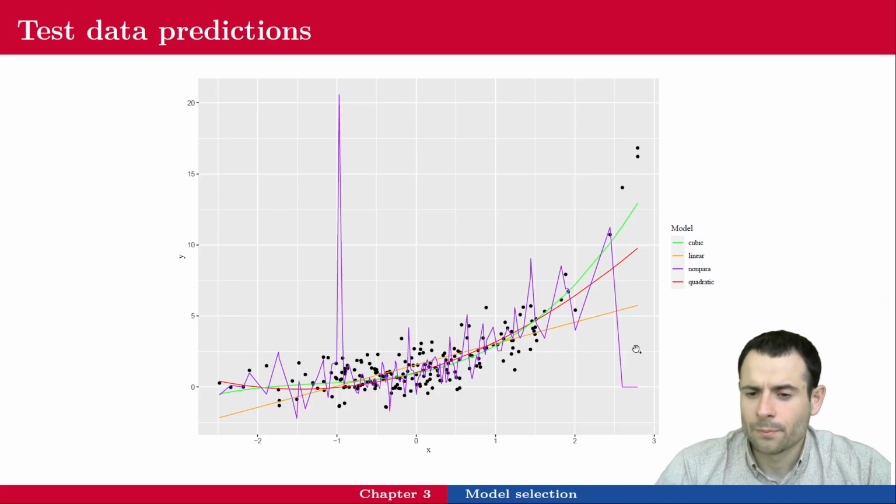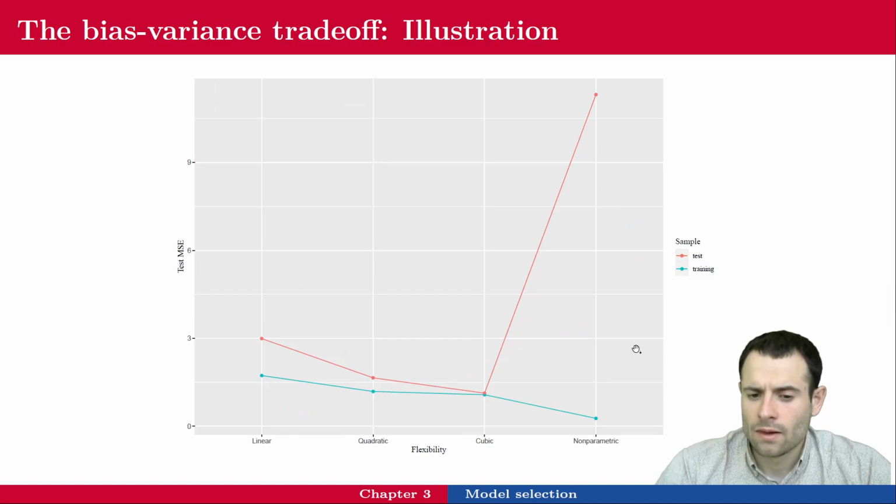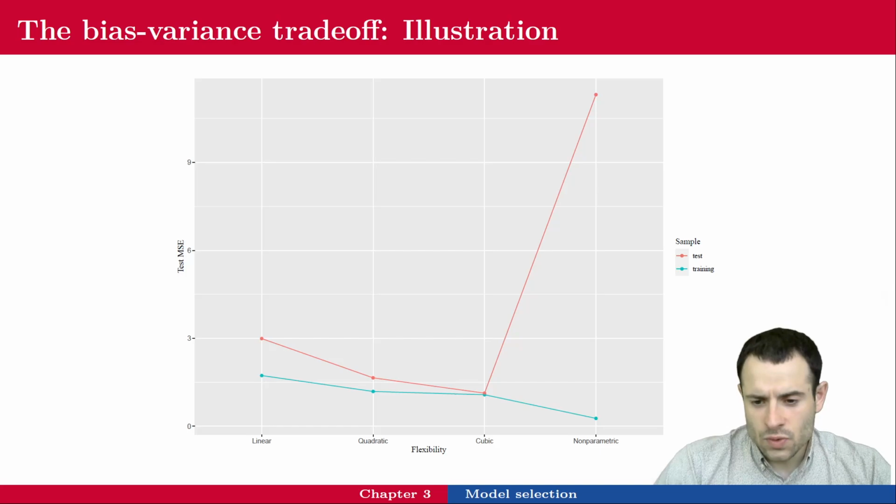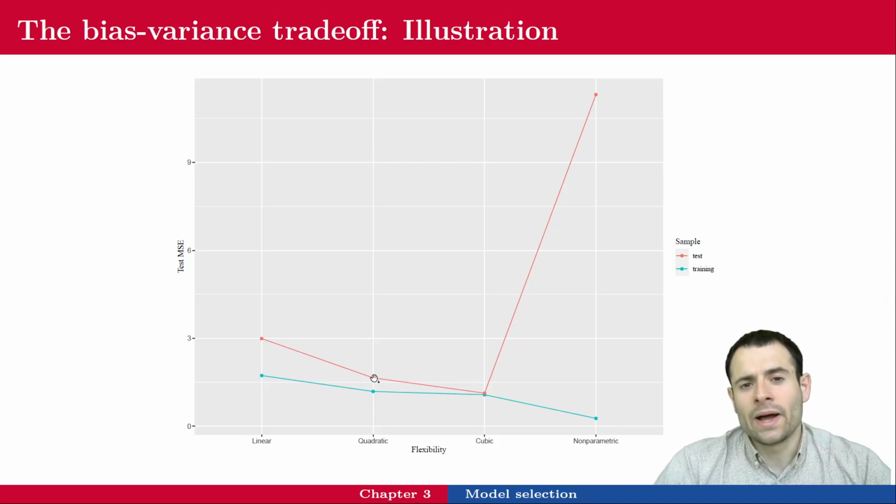And even lower. And this is the trade-off I was talking about. As you increase flexibility, you are decreasing the bias and increasing the variance. However, at the beginning, the bias decreases more than the variance increases.